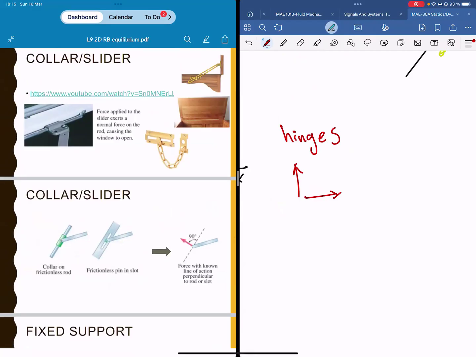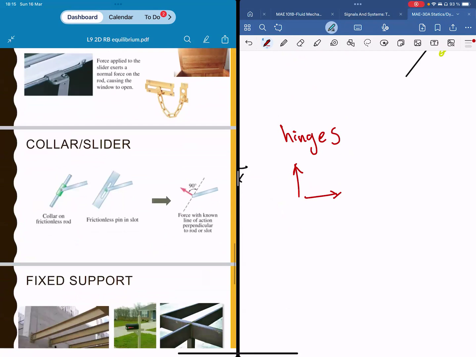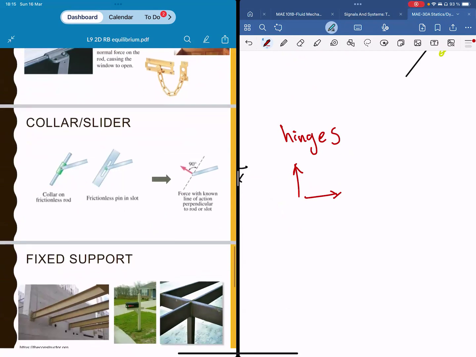Collar slider, well, I remember this, it's kind of complicated to be honest. So since it's complicated, let's just think about it. A collar is composed of two parts, right? There is a hinge attached to a tube, and that tube is free to slide on a diagonal, but the hinge allows for moment, but doesn't allow for X and Y movement.